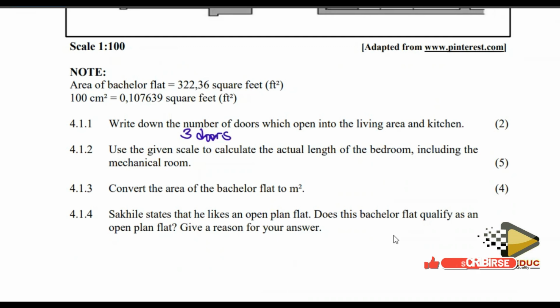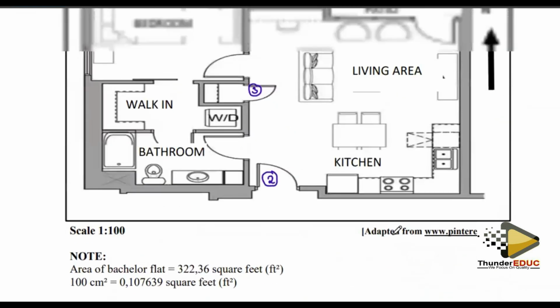Use the given scale to calculate the actual length of the bedroom, including the mechanical room. So remember they're saying you use the given scale. This simply means you need to first measure because you don't have the measurements.